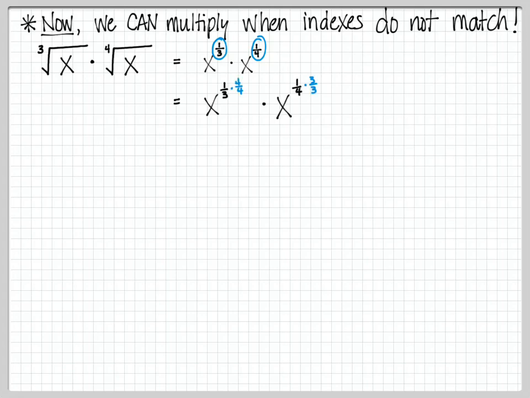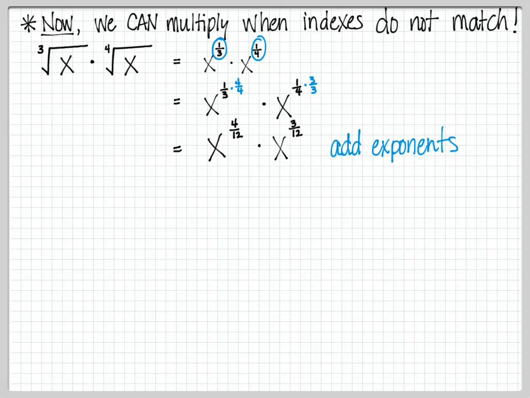And yes, I could write that as x to the 1/3 times 4/4 times x to the 1/4 times 3/3. And when I do that, I get x to the 4/12 times x to the 3/12. And we have that rule that when you are multiplying like bases, you add the exponents, and now we can add those two exponents because they have common denominators.